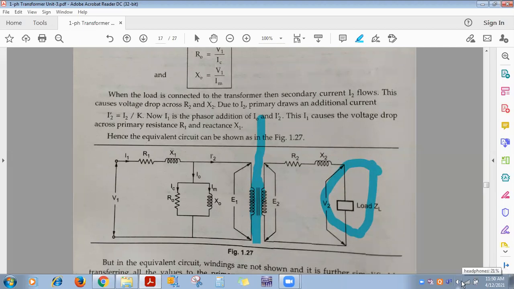At no load, will flux flow through the core? Consider that there is no load on the secondary; will flux flow through the core of the transformer at no load? Yes or no? Flux will flow, correct, flux will flow through the core. So will there be core loss and iron loss at no load?